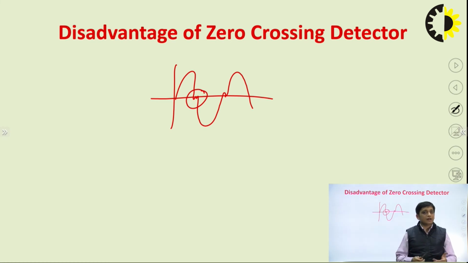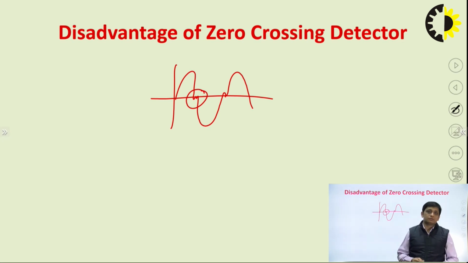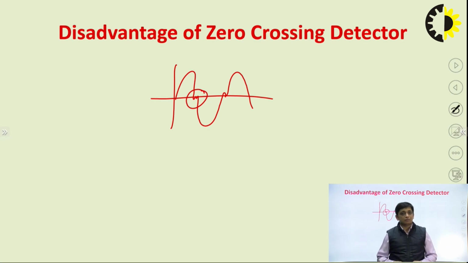Those switchings are undesirable, but it is happening here in the zero crossing detector because of the noise present at the input of the op-amp. So this is one of the limitations, one of the disadvantages, of the zero crossing detector: due to the noise present at the input terminal, there are false transitions at the output.